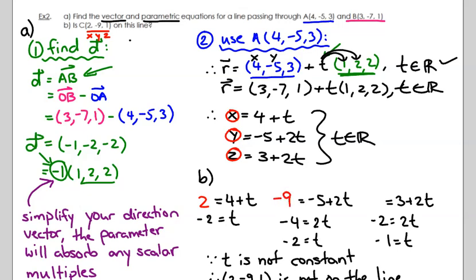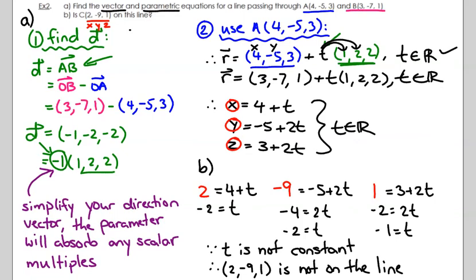Negative 9 is going to be equal to my y formula, and then 1 is going to be equal to my z formula, and I start solving and solving, and it looks like, nope, t's are not consistent. They're not the same. They're not constant. Okay, so in that case, we can conclude C is not on this line.